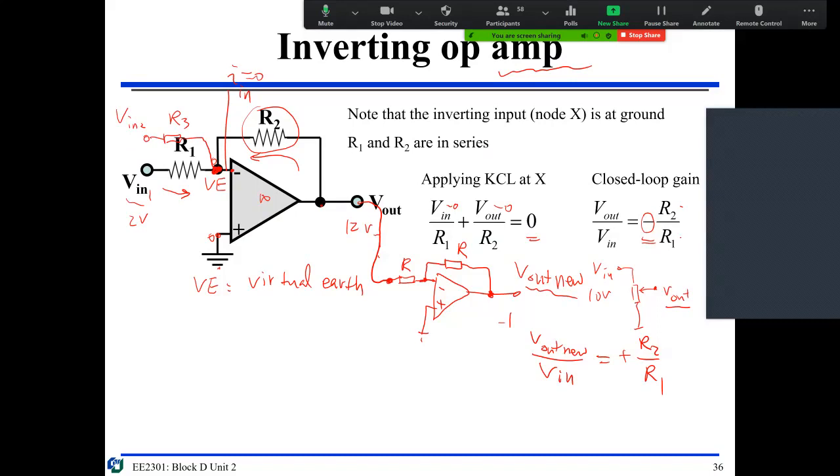You can imagine what you are going to get according to the superposition principle: V out equals minus R2 divided by R1 times V in 1, which we just learned here, plus another one, R2 divided by R3 times V in 2.